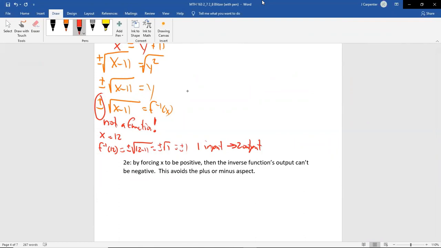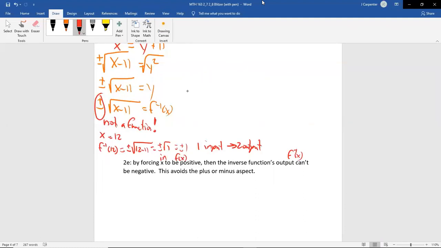Okay, so we're forcing the input of the function to be positive, which means the output of the inverse can't be negative. If we force x to be positive in the regular function, that means the y, or the function's output, can't be negative for the inverse.